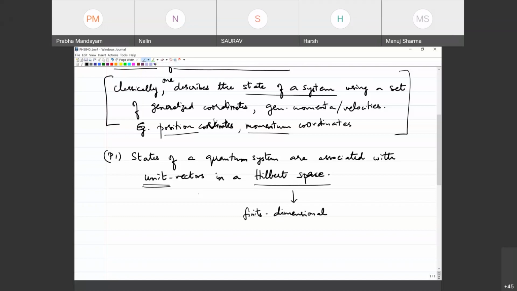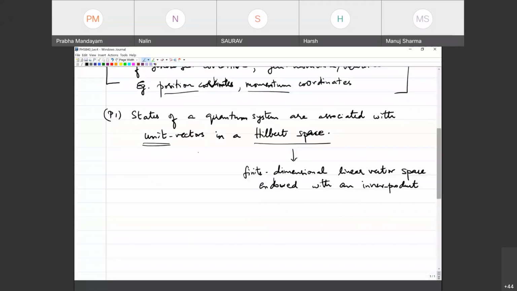So you can think of this as, in finite dimensions, essentially a linear vector space which is endowed with an inner product. So in the finite dimensional case, these are what are called inner product spaces. Okay, and I'll define some of this shortly. So any finite dimensional inner product space is a Hilbert space.